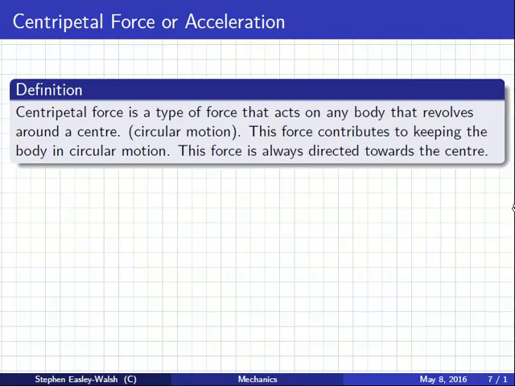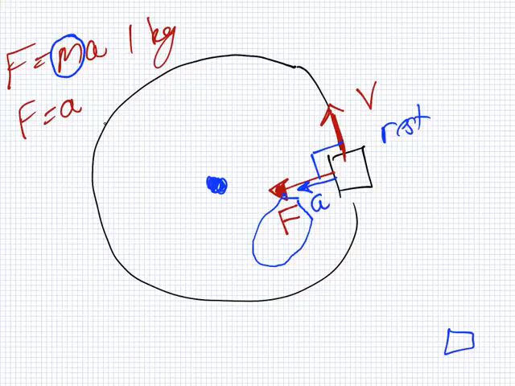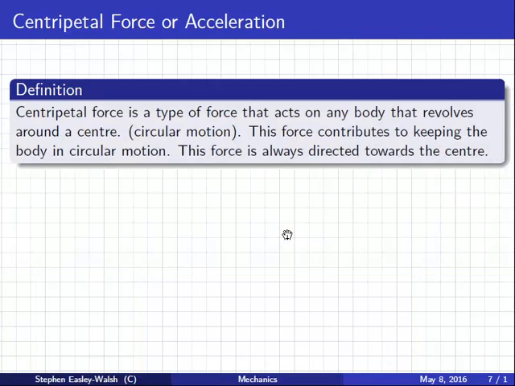Do you have to write? Yeah. But you don't need to remember this for the exam. You just need to remember that centripetal force is the name for this force. Yeah, but we have to write. Yeah.